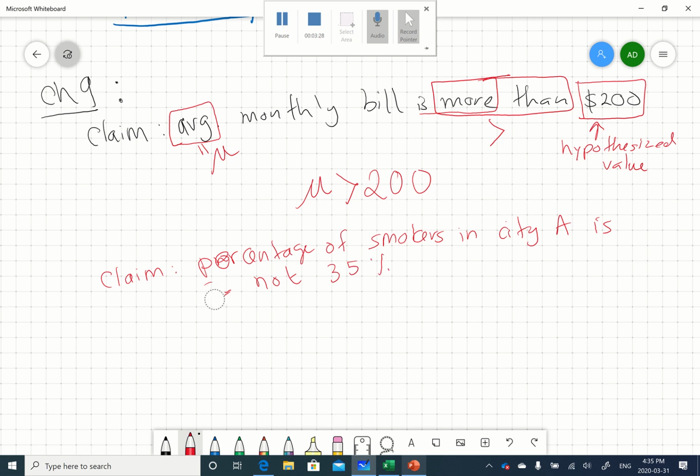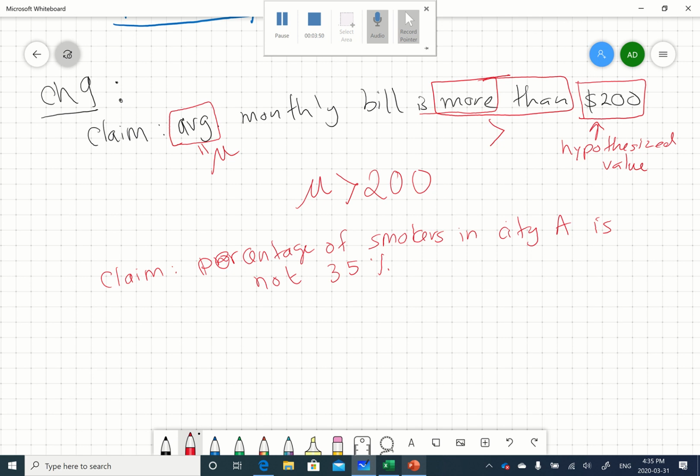Somebody claims that in their city the proportion of smokers is not 35%. Let's say there's a general statement that the proportion of smokers in that city is 35%, that's just the default.